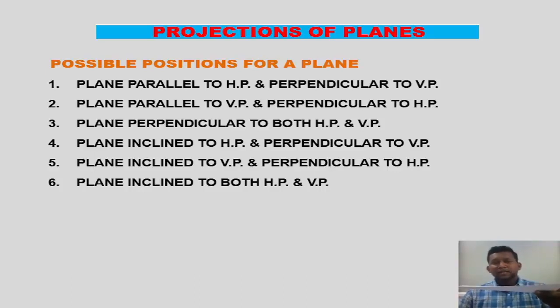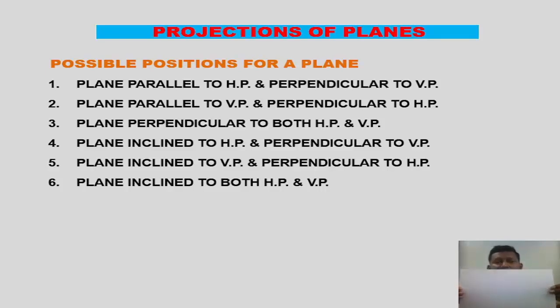Then this plane is called parallel to HP. When it is parallel to HP, automatically it is perpendicular to VP. This is the first possible position of a plane, and the second possible position is parallel to VP and perpendicular to HP. This is the position: plane parallel to VP and perpendicular to HP.